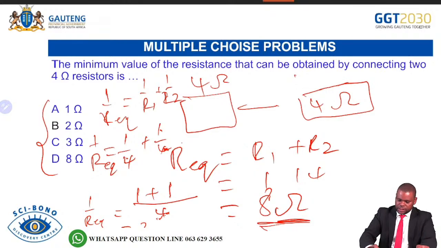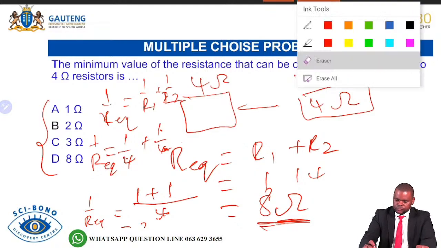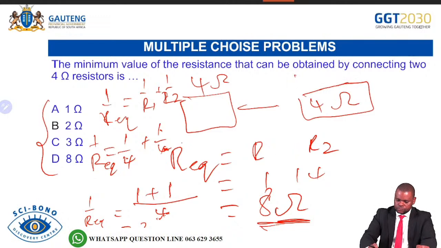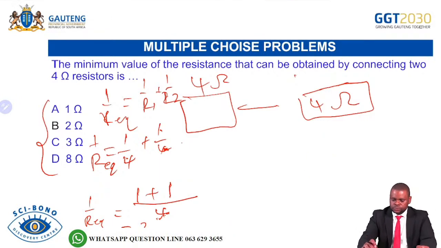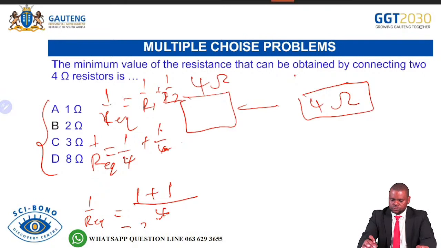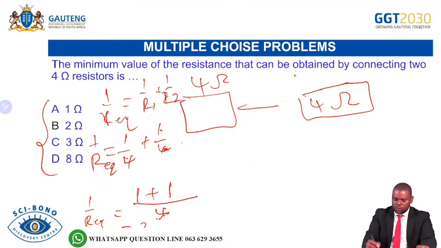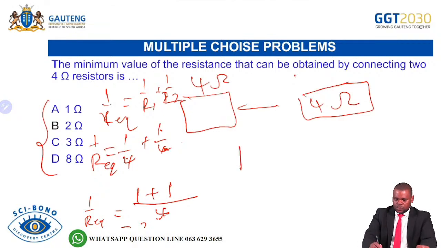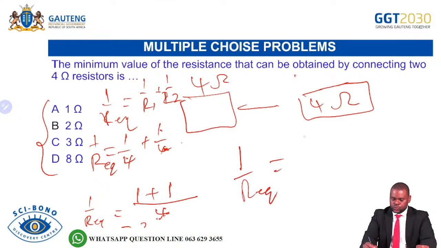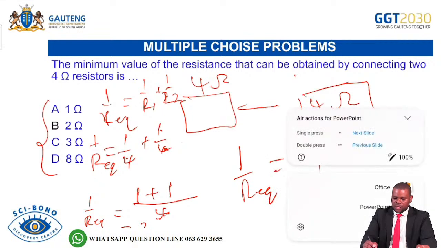Let me just erase this one here, because 1 over R equivalent is equal to 2 over 4.